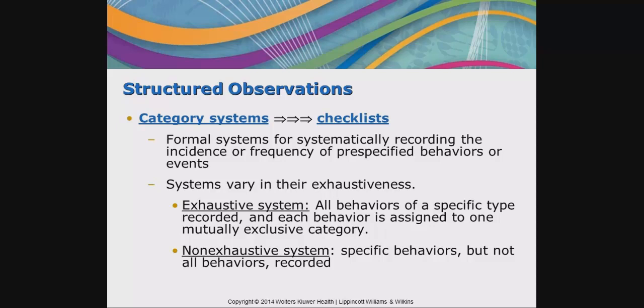All right, now when we get to structured observations, that is yet another form of data collection. In your book, there's a brief section on cue sorts and vignettes as other self-report data collection methods. They're really not seen as often in research, but you may see them. Just read over them.